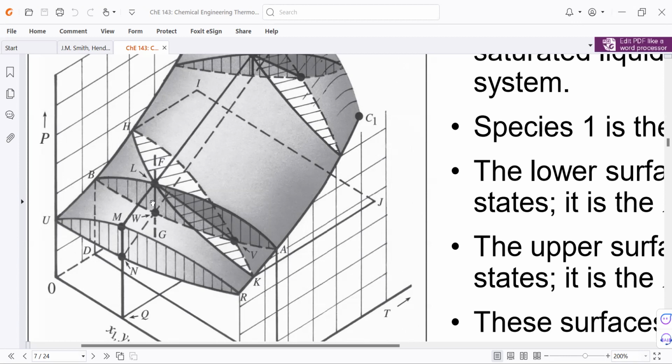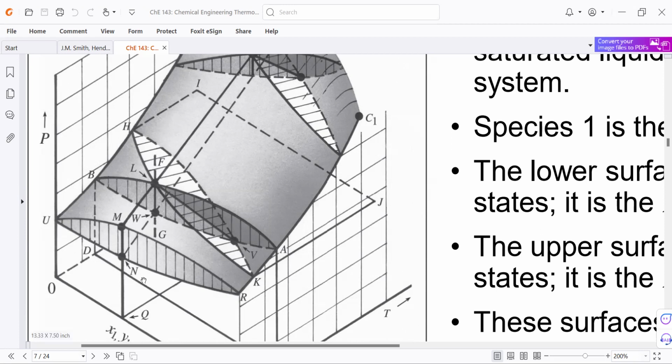Point W is where we find the last drops of liquid as they disappear, so point W is the dew point, and we call the lower surface the dew point surface. If we continue reducing the pressure, we reach the superheated vapor region.